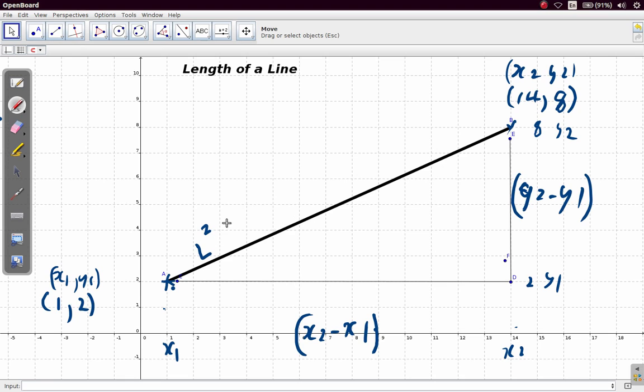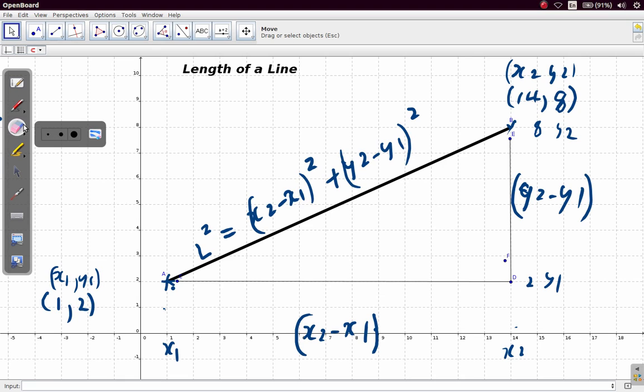The length of this line squared equals this length squared, which is really x2 minus x1 squared, plus this length squared, which is y2 minus y1 squared. But then when we're going to find L alone instead of L squared, what we have is L is the square root of x2 minus x1 squared plus y2 minus y1 squared.